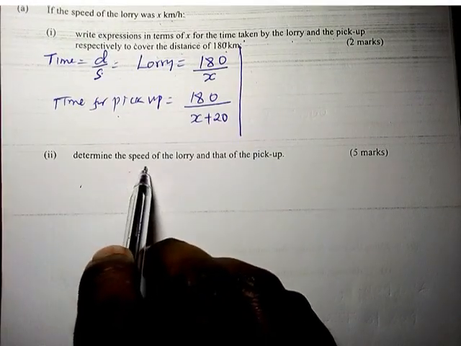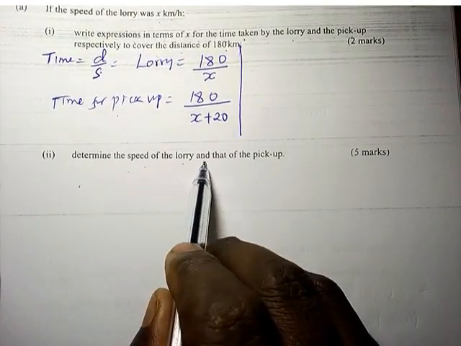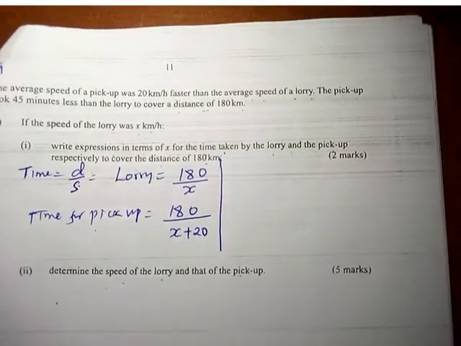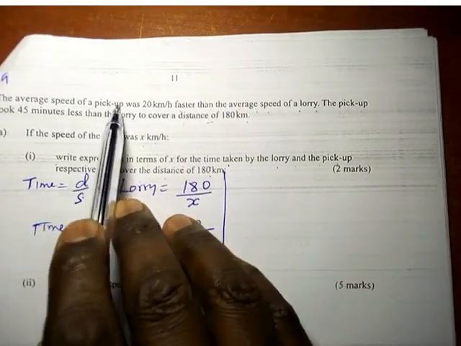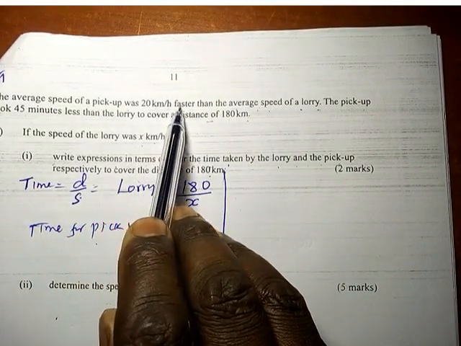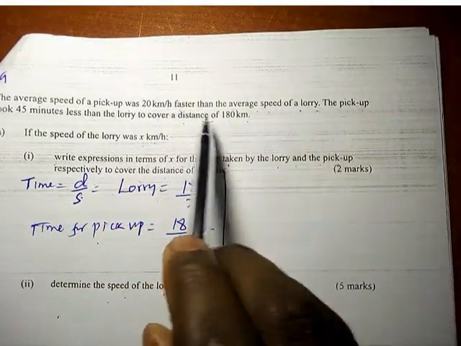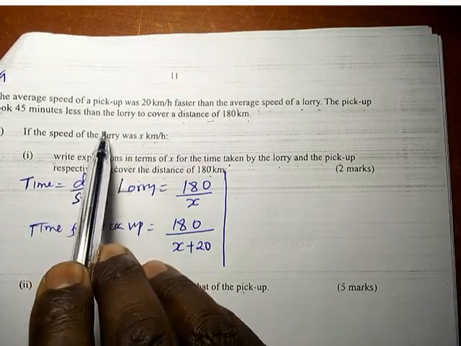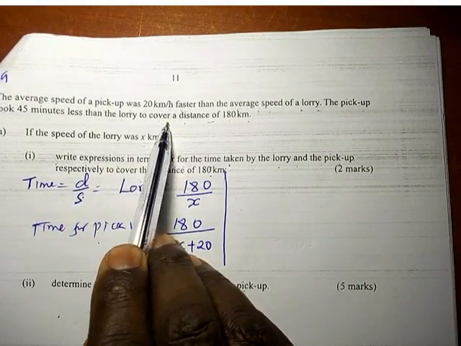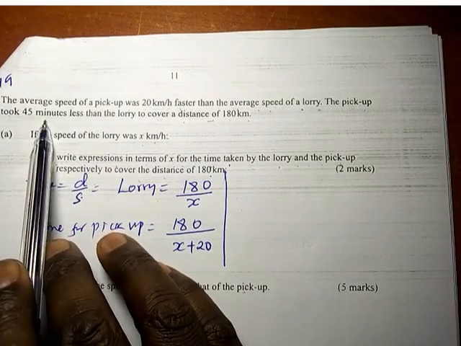So determine the speed of the lorry and that of the pickup. Tulishaambiwa kwamba speed of the pickup was 20 kilometers faster, and then the pickup took 45 minutes less. Kwa hivyo the lorry ilichukua more time, which was 45 minutes more.